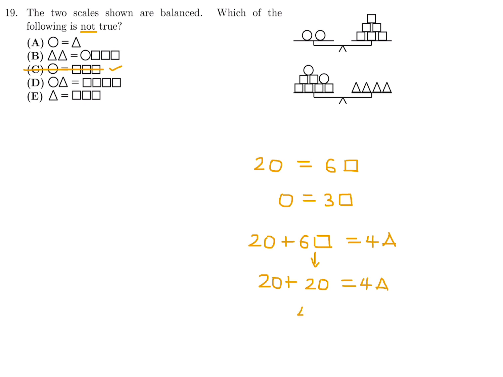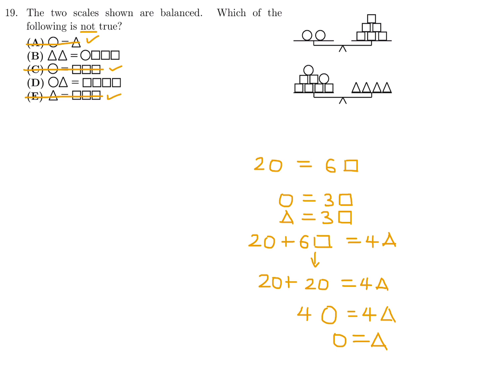So that means 4 circles are equal to 4 triangles. So that means a circle is equal to a triangle. So this is true. We can cross that off. Okay, well, if circles are equal to triangles, that means a triangle is also equal to 3 squares. So this is true. We can cross that off.